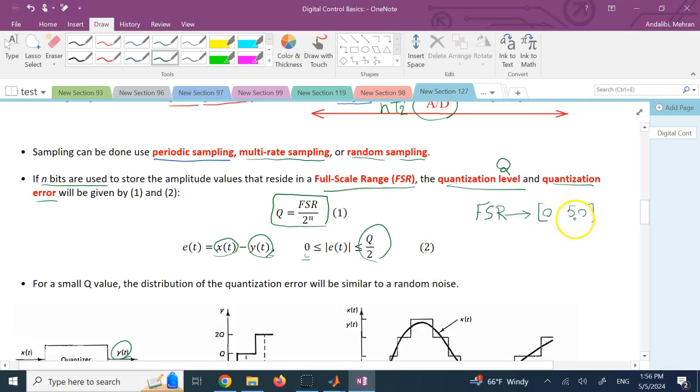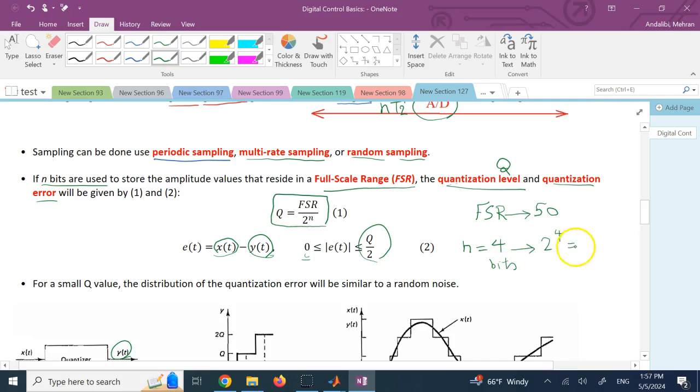So it goes from 0 to 50, or let's say 5 to 55, and the max minus min is 50. And so now, how many bits do we have to store these 50 values? Let's say we have, for instance, 4 bits. So n equals 4. N equal 4 means the maximum number of levels you can have is 2 to the 4.